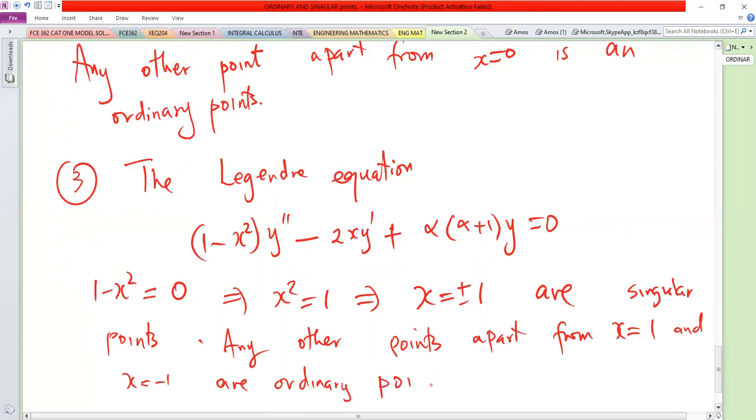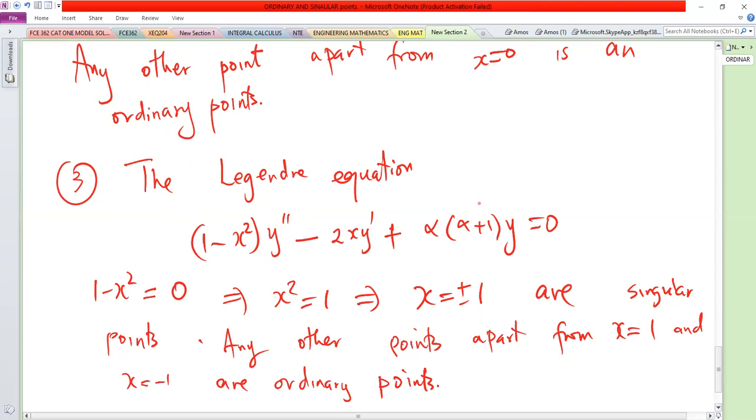But note that we do this when we take capital P of x, equate it to 0, and solve to get the singular points, because capital P of x, capital Q of x, and capital R of x are polynomials.